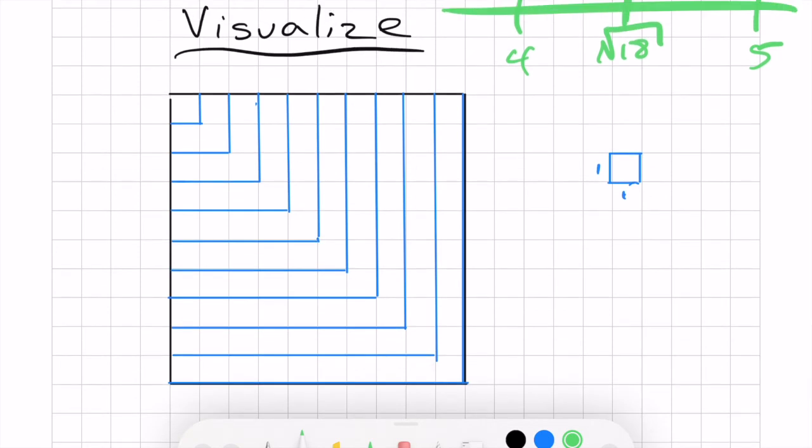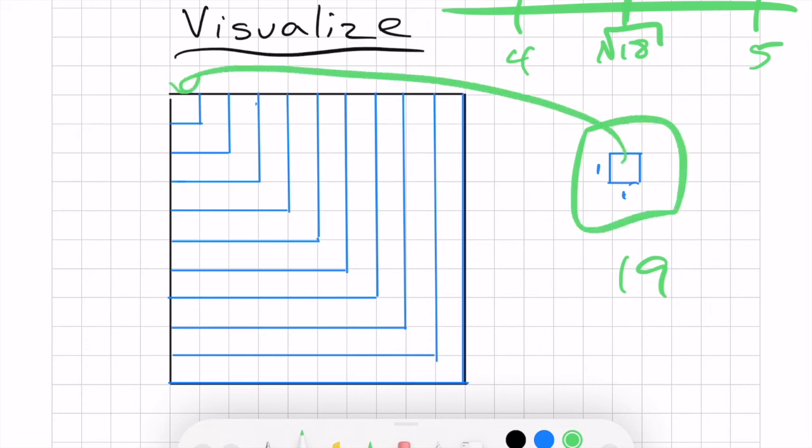Okay, so let's take the number, I'll still use green, 19, okay? Now, if I look at this first square, this is a 1 by 1 square, right? That square is right there, okay?